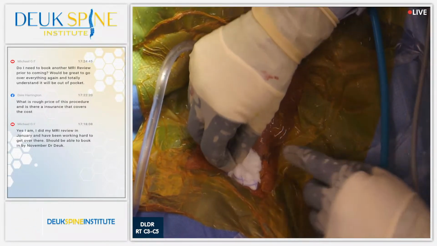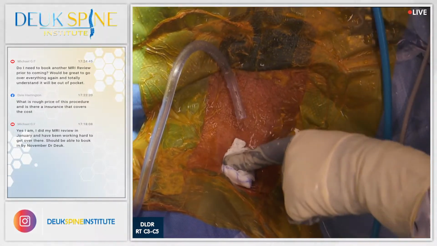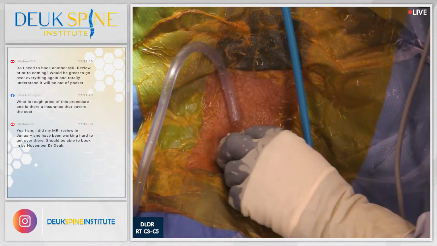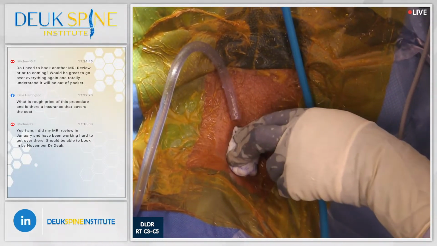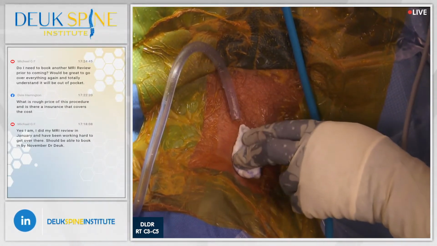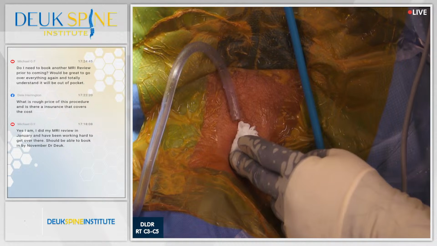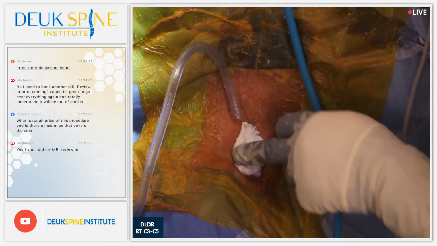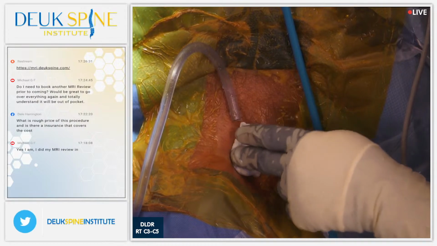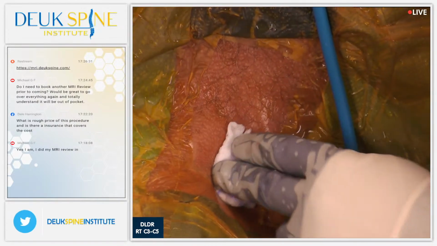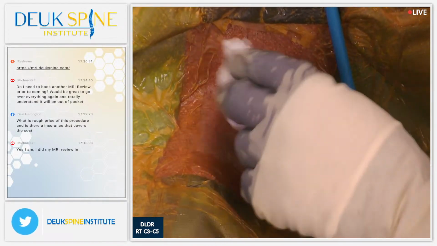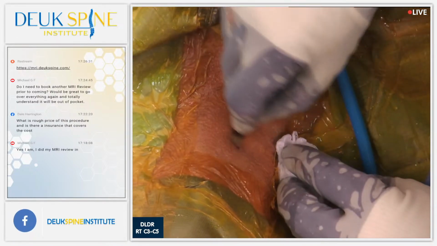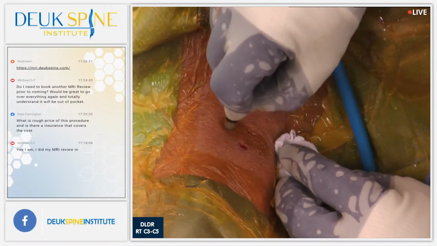But you need to do an MRI review. We need to figure out what needs to be treated, and then one of the schedulers will look at insurance, and if you're coming from Australia, chances are you don't have insurance that covers it. So they will give you a self-pay price, basically a cash price, which is a good price. But I don't have that information. Those are the surgery center schedulers.